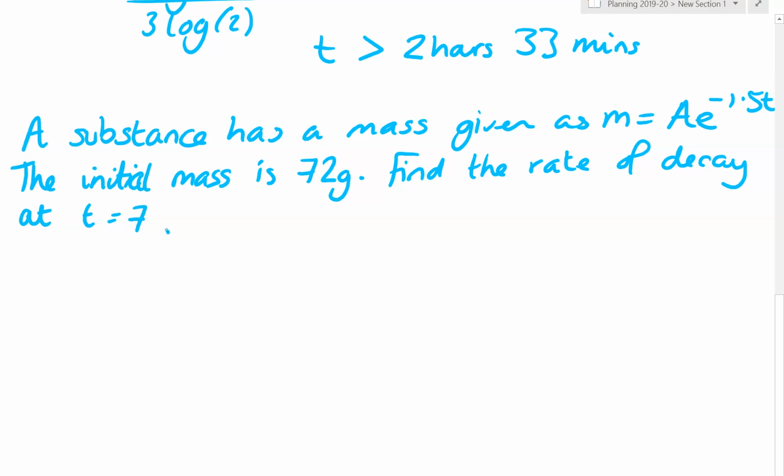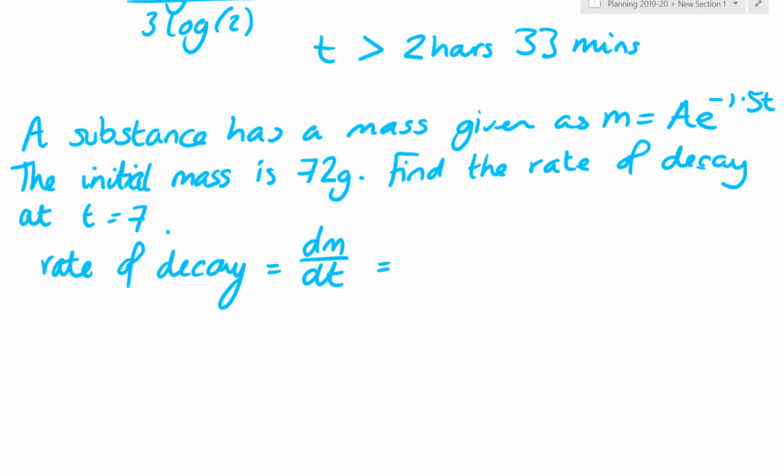Okay, so we know the initial value. We want the rate of decay. This is what the mass is. So the rate of decay is the derivative of the mass. So rate of decay is dm by dt.